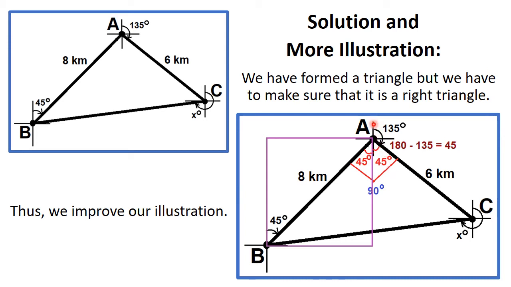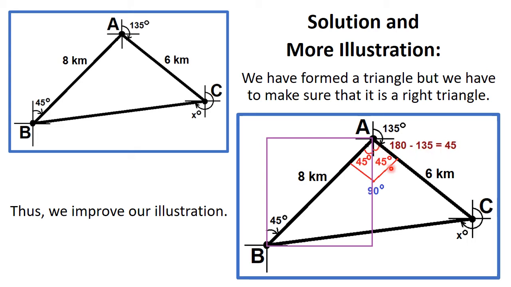A straight angle measures 180 degrees, and this angle is 135 degrees. So how do we get this angle? Correct. We subtract 135 degrees from 180 degrees. So 180 minus 135 is equal to 45.